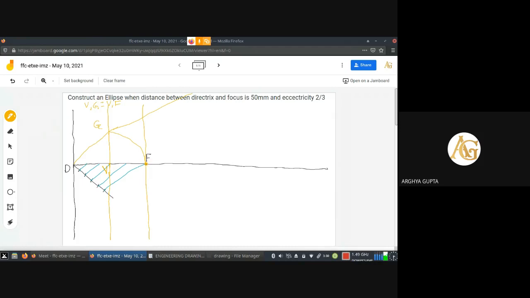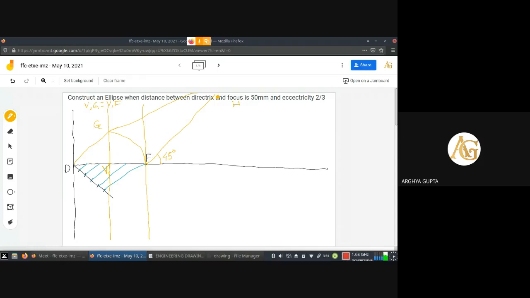Now draw a 45-degree inclined line from F. As I don't have space here to draw, this will meet somewhere outside this drawing. Let us say that the point is H. So at H, those two lines will meet.